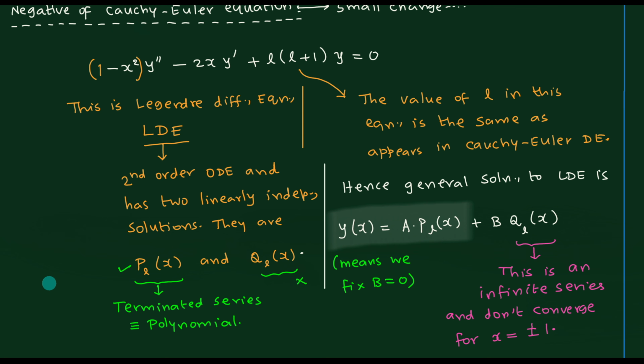Therefore you demand that the constant you put is 0 there, so that this doesn't pose any problem of going to infinity. Infinity would mean the entire solution goes to infinity, and we can't say the electric potential is infinity. So this is the main important conclusion about the Legendre differential equation.